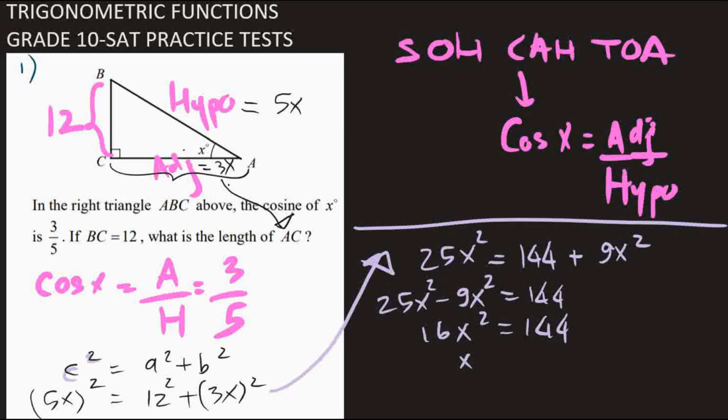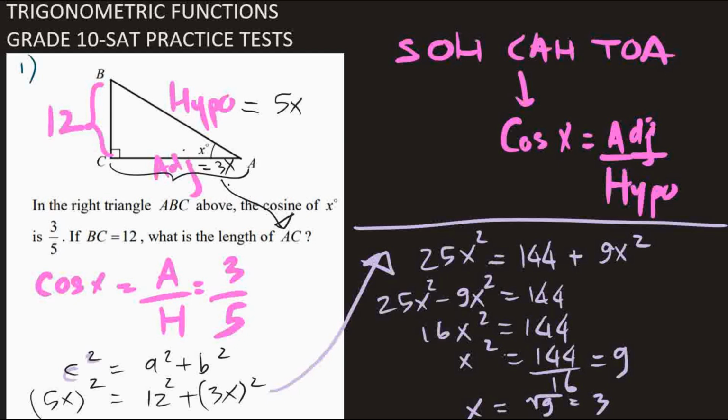Then x squared equals 144 divided by 16, which is 9, and x equals the square root of 9, which is 3. So x equals 3.